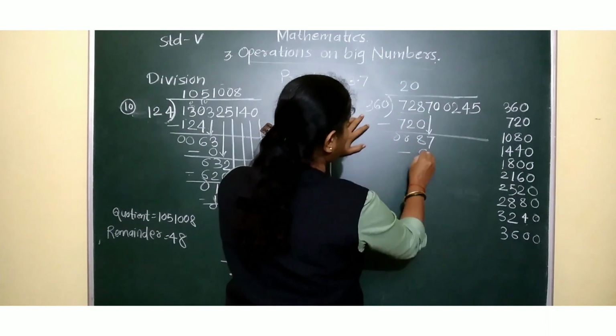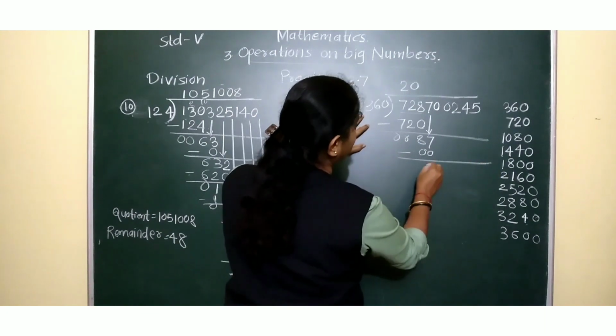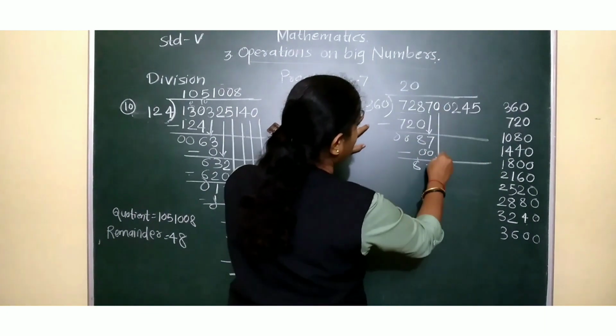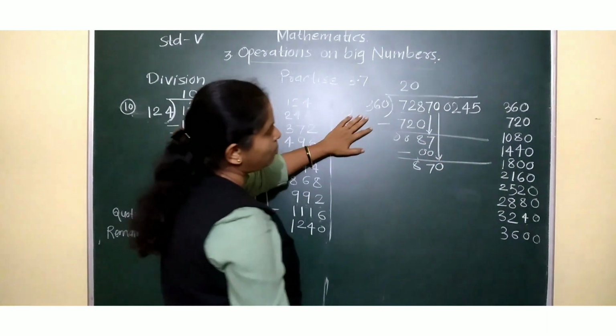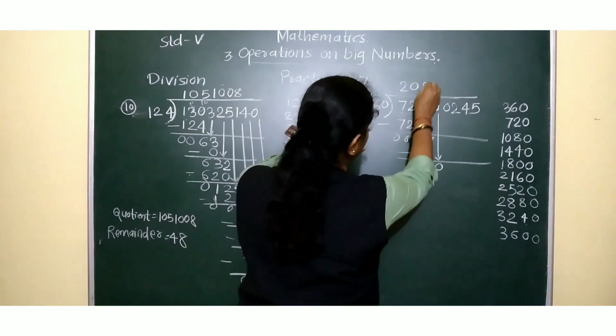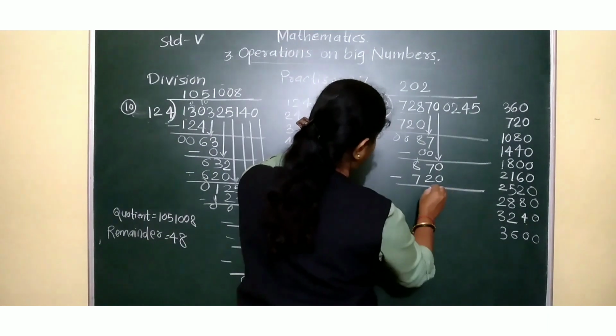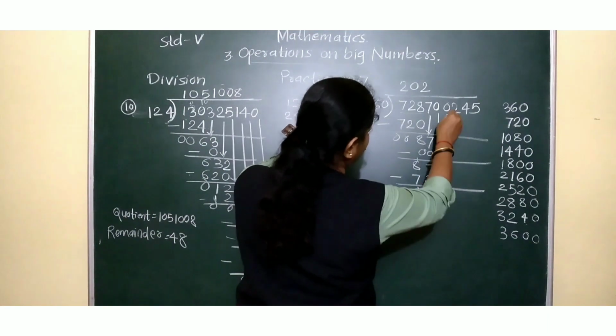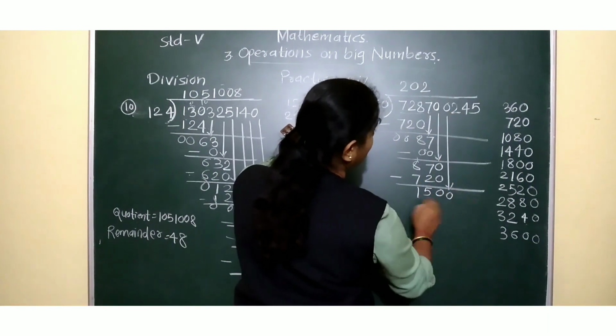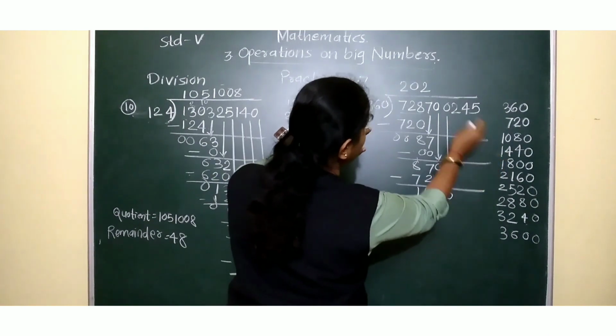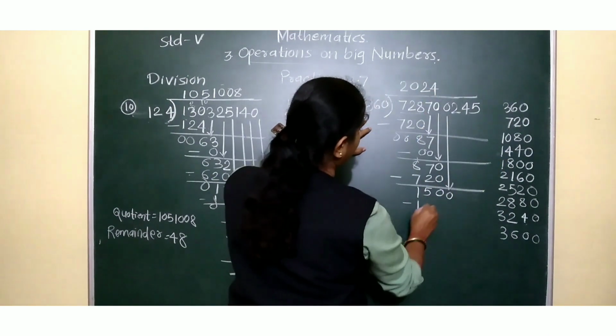If we are unable, then we have to put 0. Okay. Now take 0. Again, which number is close to this? Second one. 720. Take 0. Now which number is close to this? This 1440.